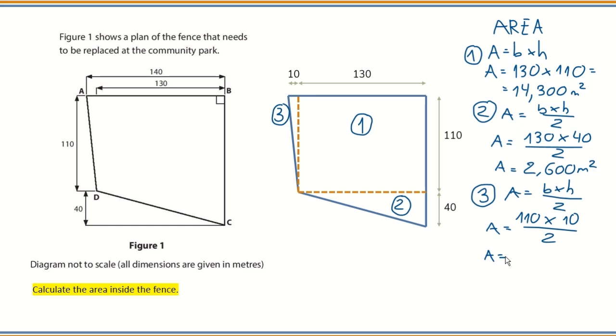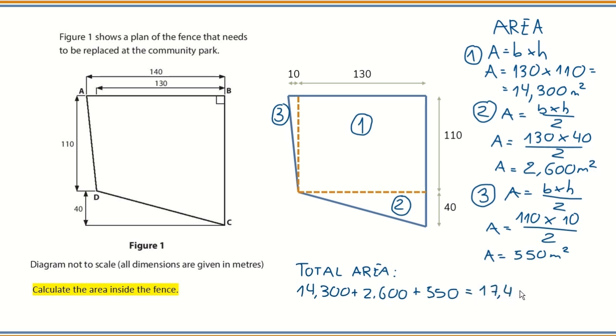And this is 550 meters squared. So the total area will be the sum of the 3 areas, which is 17,450 meters squared.